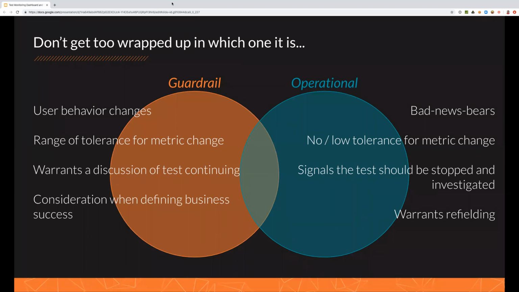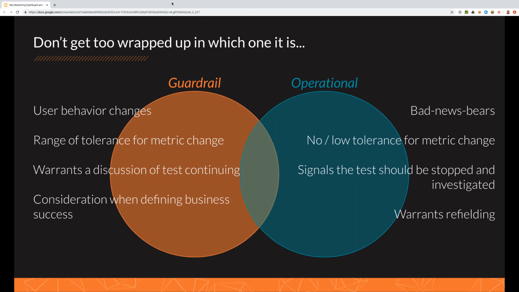So the important part here though is, when you get into looking for which metrics you need to monitor, guardrail and operational are going to give you two lenses to look at the situation and call out what you think is important. And sometimes though, you're going to land in a gray area. You're going to think, well, this metric or this worry from a stakeholder could fall into either bucket. Don't get too wrapped up in worrying about which one you decide it falls into.